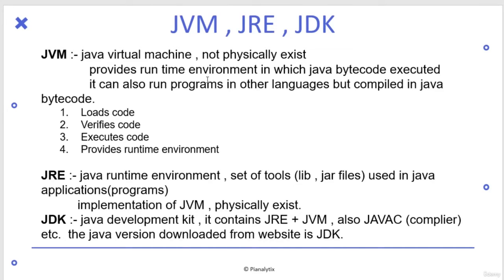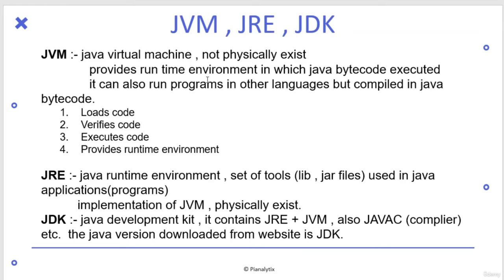The main functions of the JVM are that it loads the code, verifies the code, executes the code, and provides the runtime environment. The second part is the JRE, the Java Runtime Environment. It is a set of tools, libraries, and some JAR files, Java archive files, used by the Java applications and programs that we are going to create.